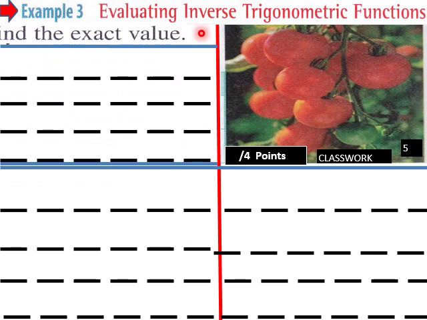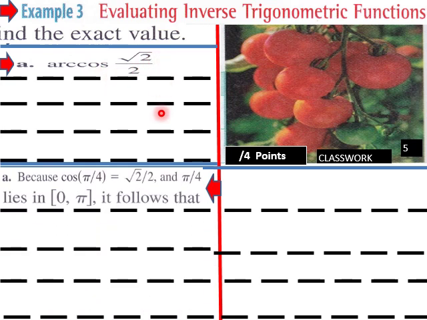Evaluating inverse trigonometric functions, finding the exact value of arccosine of square root of 2 over 2. Because cosine of pi over 4 equals square root of 2 over 2, and pi over 4 lies in the interval from 0 to pi, it follows that arccosine of square root of 2 over 2 equals pi over 4.